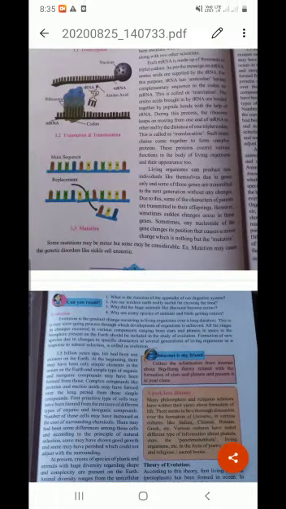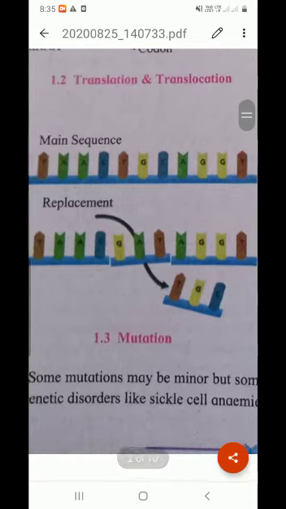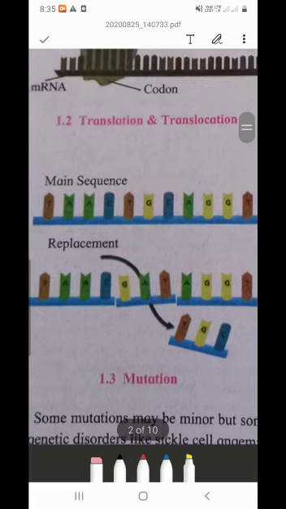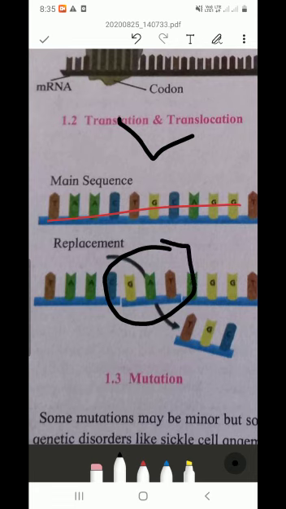Here in the textbook also they have shown the same way. This is the main sequence, the correct sequence. Here GAT was replaced, but the correct sequence in the middle, TGC, must be there, but GAT was replaced by TGC.